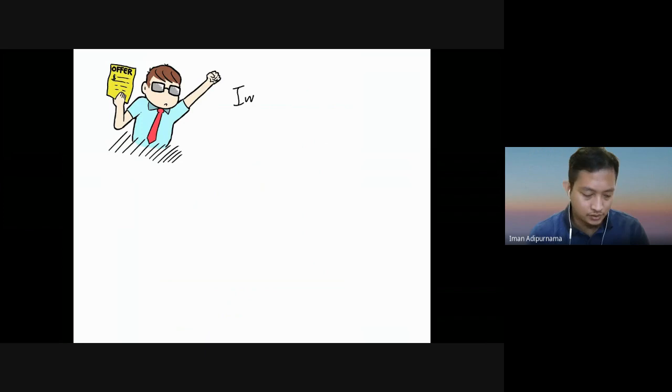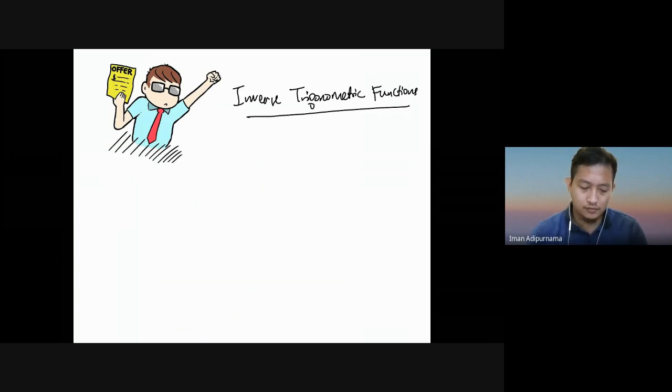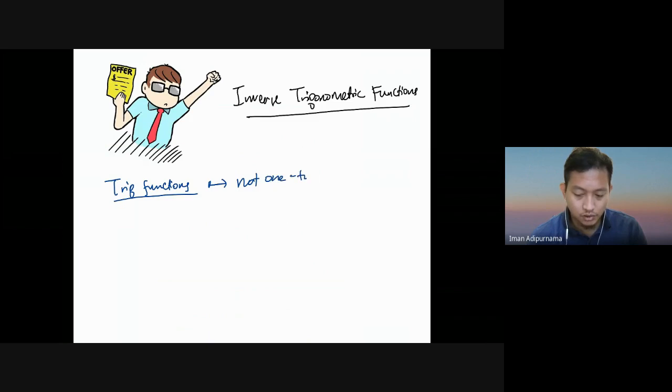So, inverse trigonometric functions. Remember that the trigonometric functions, the original ones, not the inverse, are not 1 to 1.